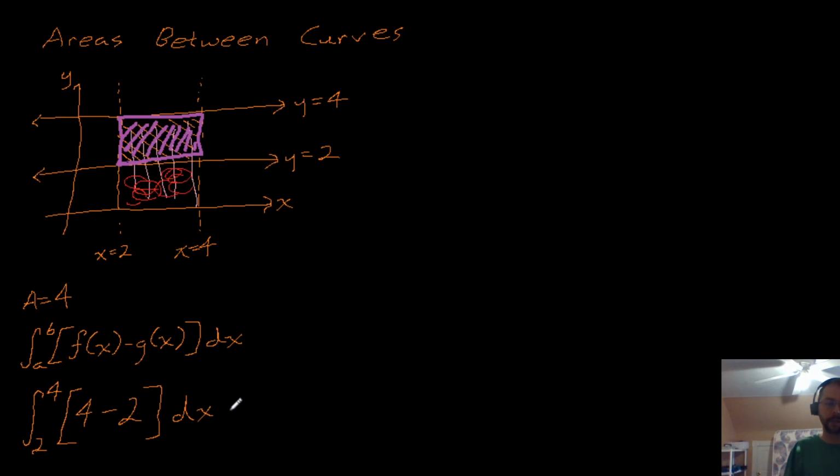dx, which if you solve this by hand or plug this into a calculator, you'll see that the answer is 4. And just doing this mentally in my head, we get 4. So that is how you can set up an integral to find the area between two curves.